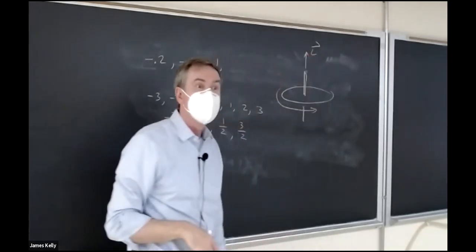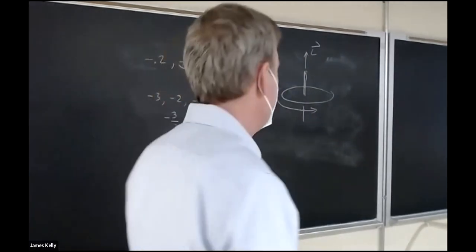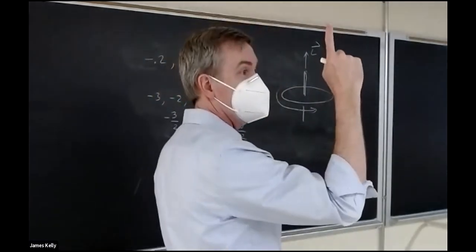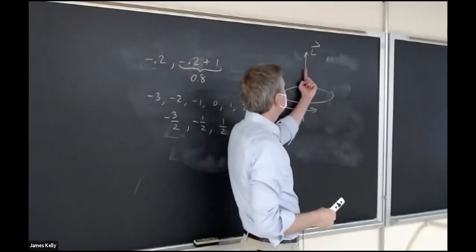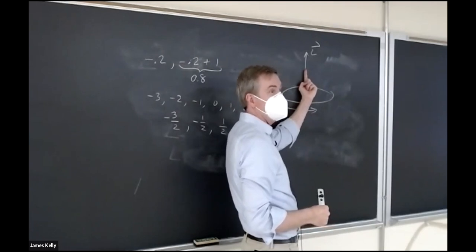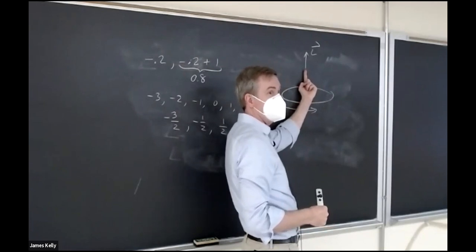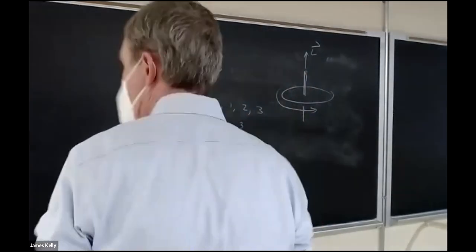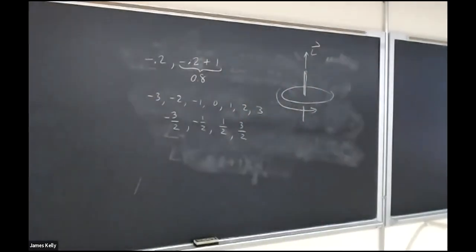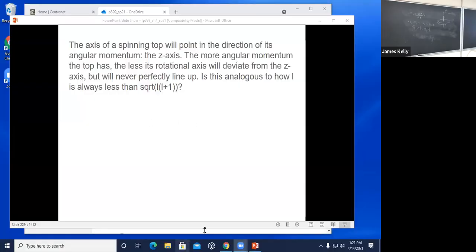There's nothing contradictory about having a top spinning straight up, and so that would be the case where I know the value of L and I know the value of Lz, and the value of Lz is the same thing as the value of L in this case. So there's nothing related in that case, I think, between the question that was being asked and the quantum case.